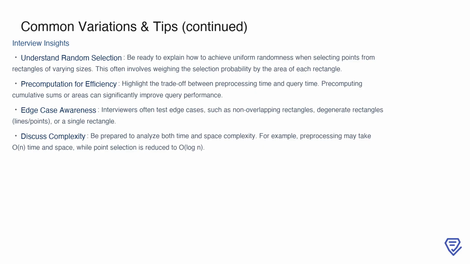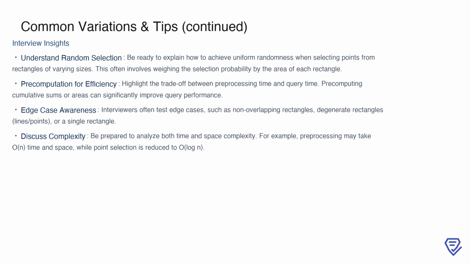Highlight how pre-computing cumulative areas balances pre-processing time against faster query times, which is particularly useful in scenarios with repeated queries. Edge case awareness is another important skill. You should be ready to handle scenarios like non-overlapping rectangles, degenerate rectangles that collapse into lines or points, or even just a single rectangle as input.